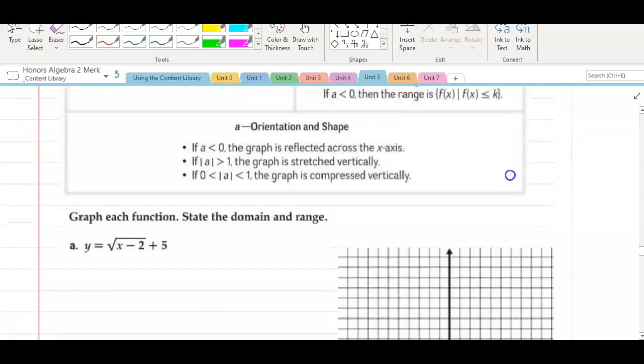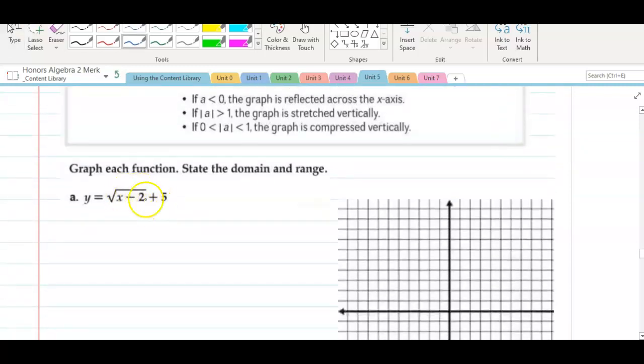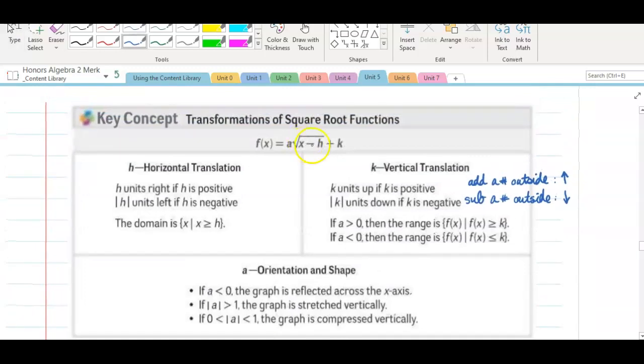Makes much sense. Under the radical, it's basically the opposite. If we have x take away 2, it's going to go to the right 2. If this was x plus 2, that would make it go left 2. So what happens under the radical is kind of the opposite of what you think. And the reason for that is because of the main parent function formula here.